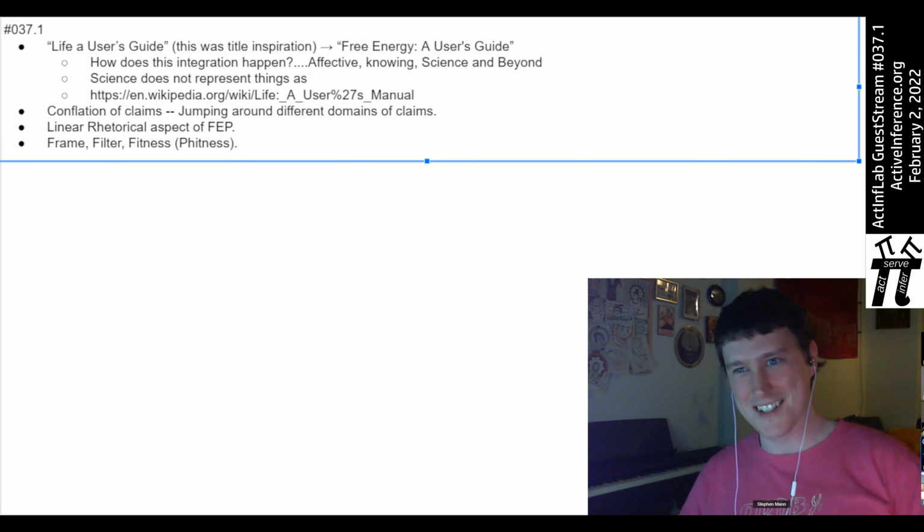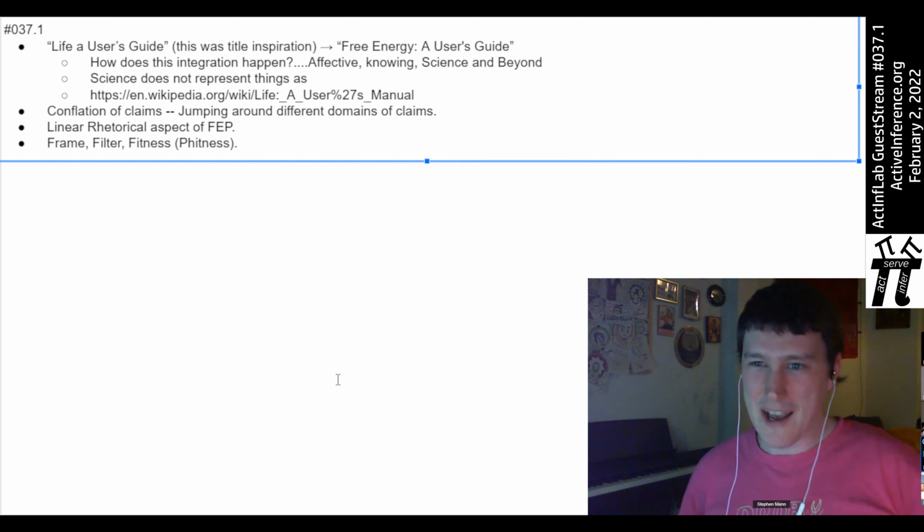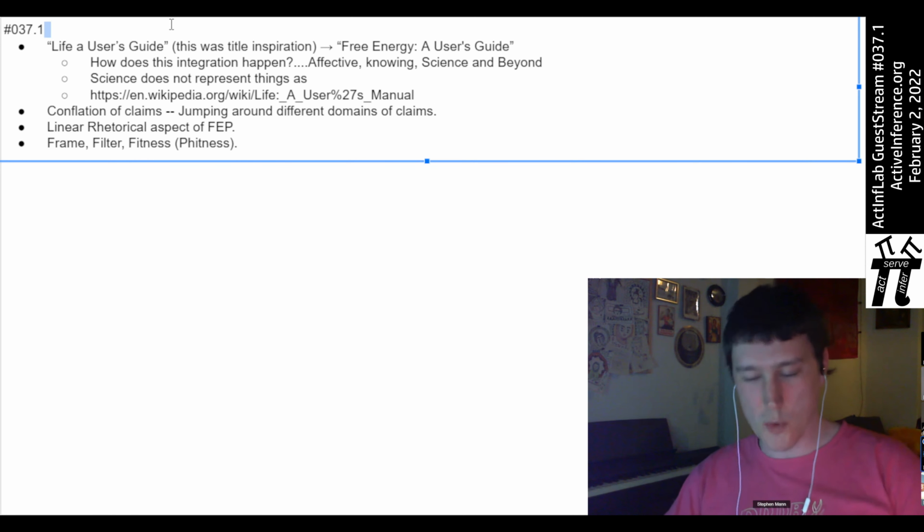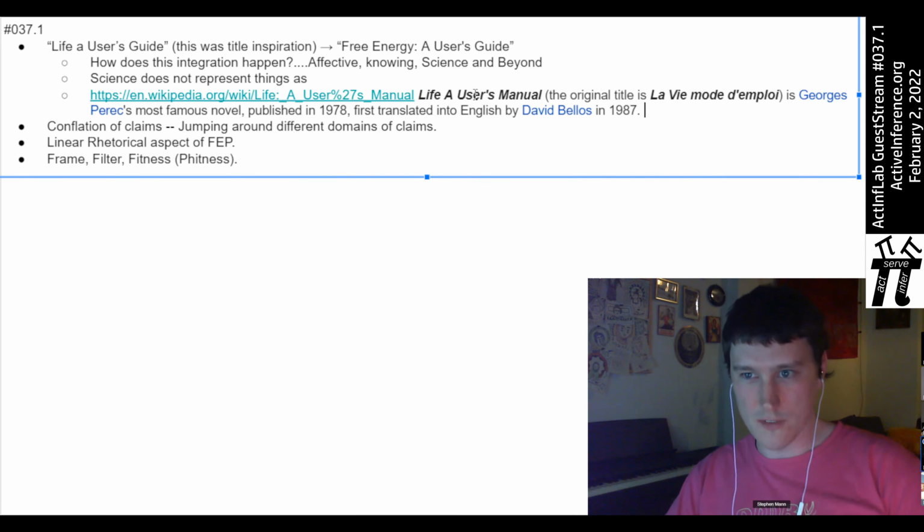It's not true that science intends to represent things that way, in the way that Perec does and is sort of making fun of. But also he's incredibly constrained in the way he wrote the book, as I understand. There are some really crazy games he plays with language, which caused translators a huge amount of difficulty, because how do you translate the game he's played in French into a game you can play in English while writing the English version of the novel?